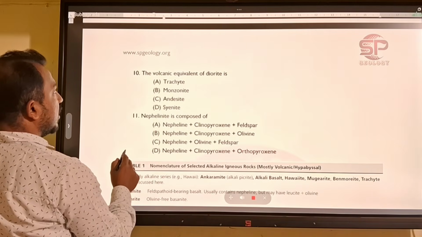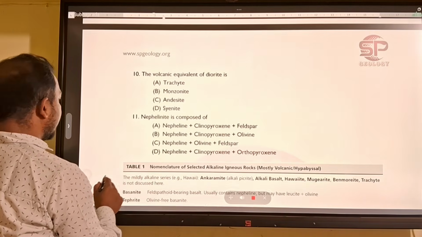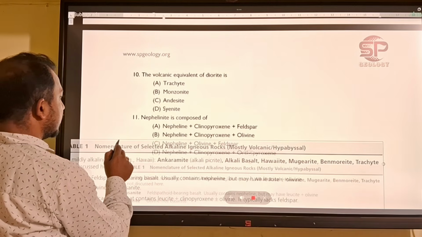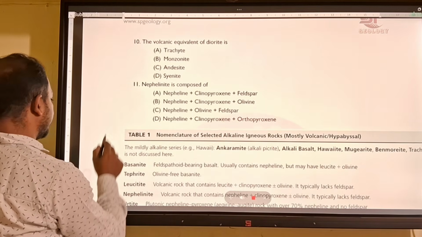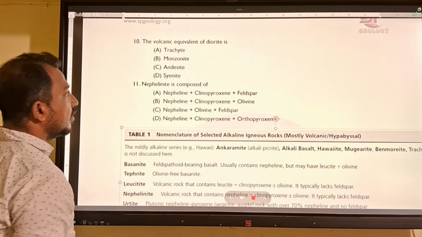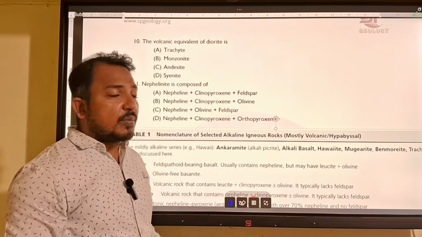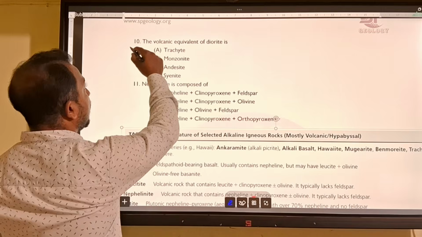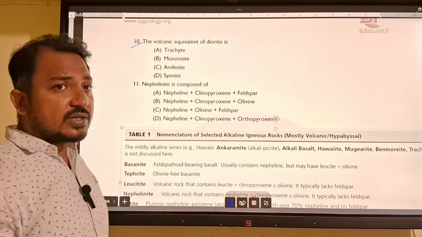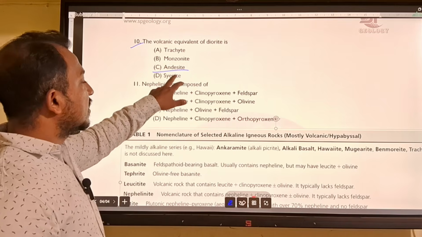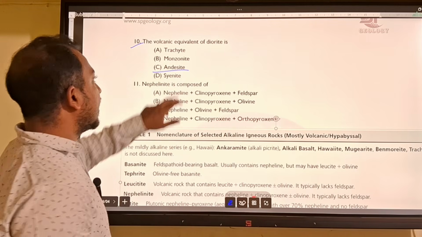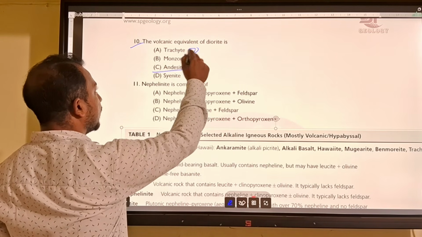So next question: the volcanic equivalent of diorite. We have already discussed this. The volcanic equivalent of diorite is andesite. Syenite has trachyte as its volcanic equivalent; syenite is plutonic, trachyte is volcanic.